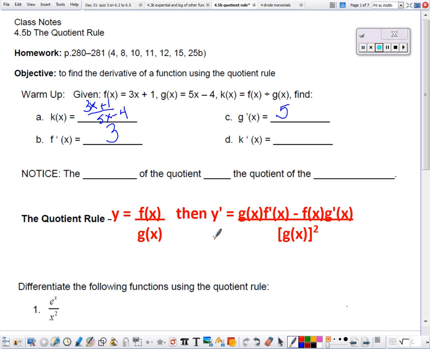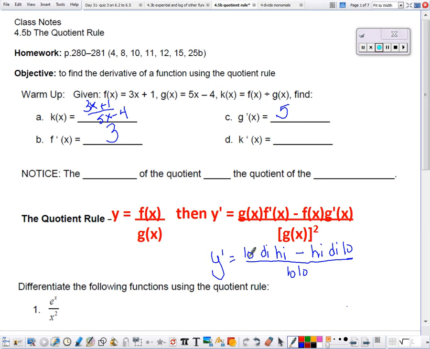So the way I was even taught how to remember the quotient rule, instead of using my g's and f's, is that the derivative is low d high minus high d low all over low low. And what that means is low for the denominator, d for derivative of the high, which is the numerator.